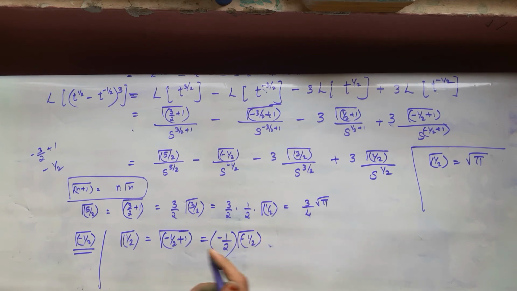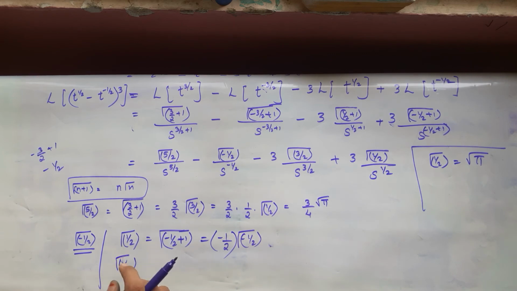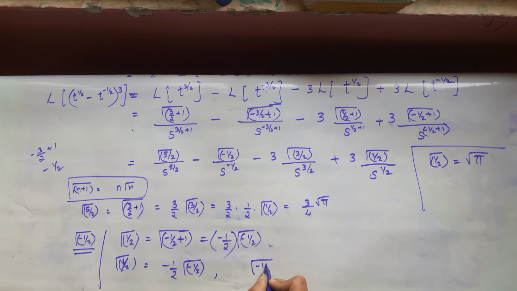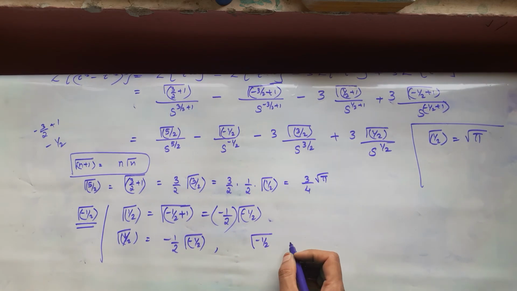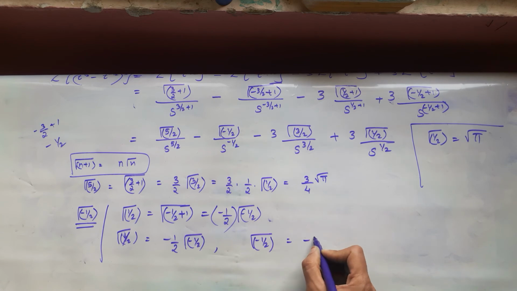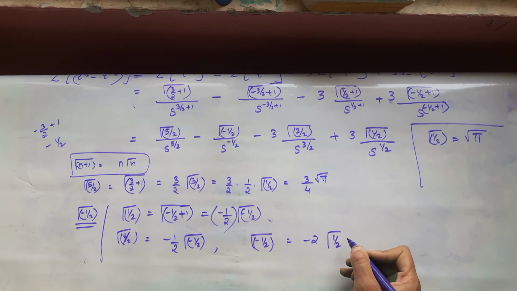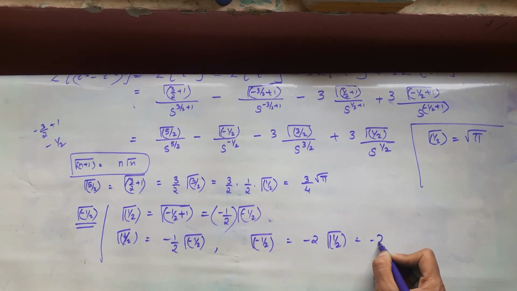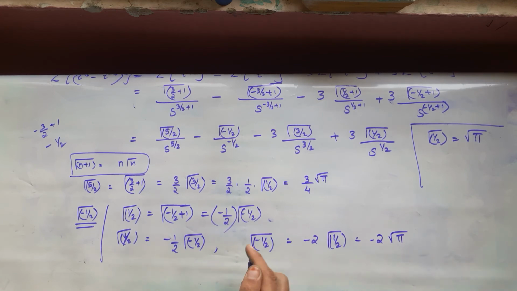So you are getting gamma of half to be minus half into gamma of minus half. I want gamma of minus half out from here. What you get? Gamma of minus half will be minus 2 times gamma of half. Now gamma of half is root pi, so minus 2 root pi.